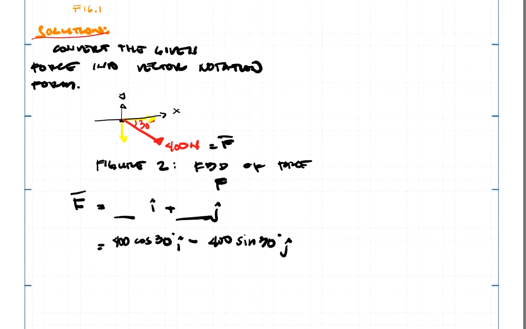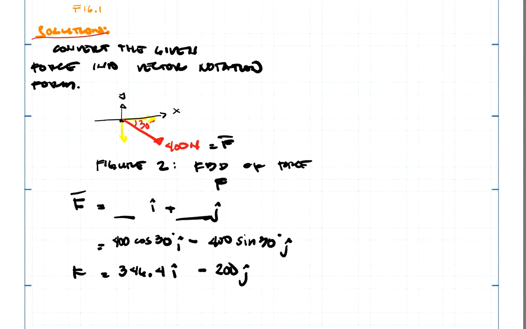All in all, our force F in terms of vector notation: 400 cosine 30 is 346.4 i, then minus 400 sine 30 is equal to 200 j.